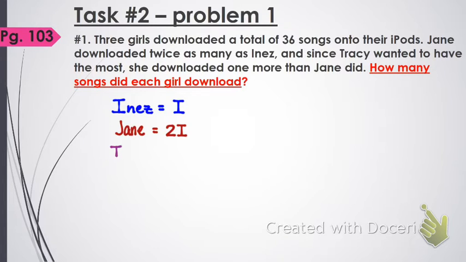Yeah. How can I represent the number of songs that Tracy has? 2 times I plus 1, because it says she has what? 1 more than Jane. And Jane has 2I, so 1 more than that would be 2I plus 1.